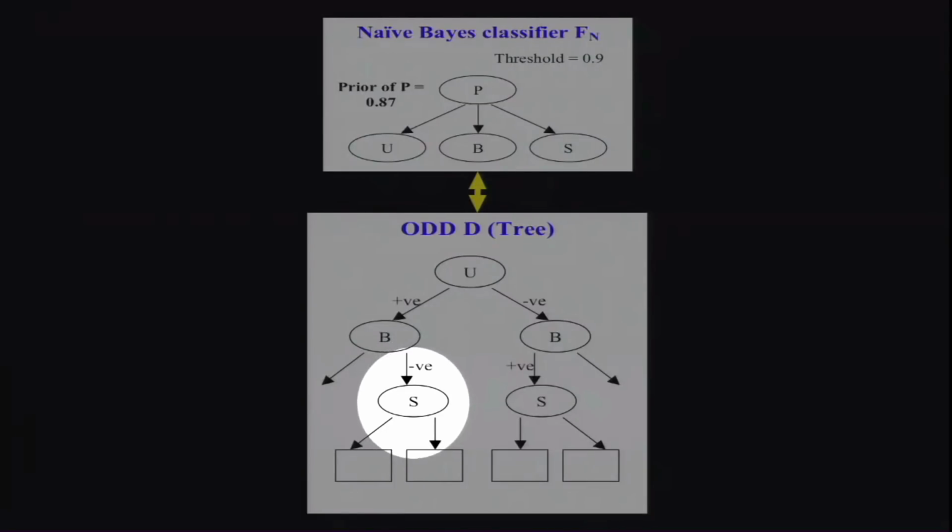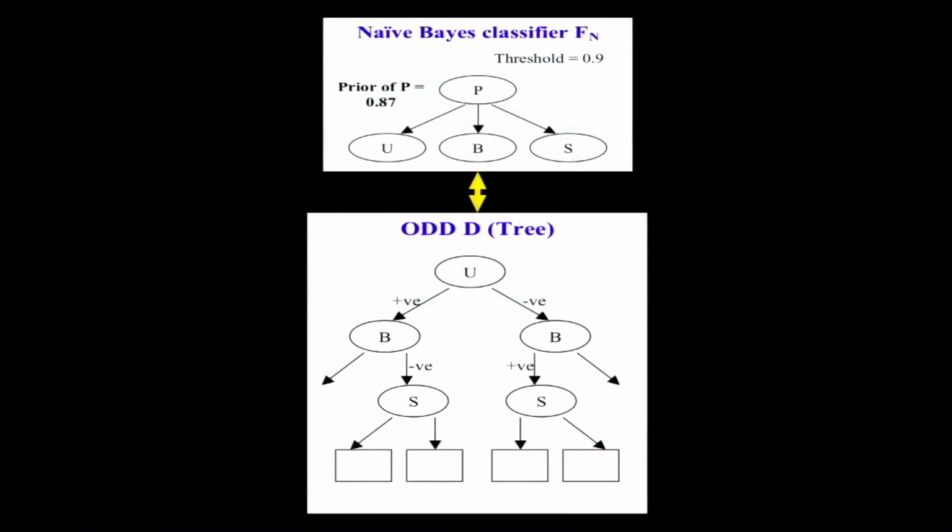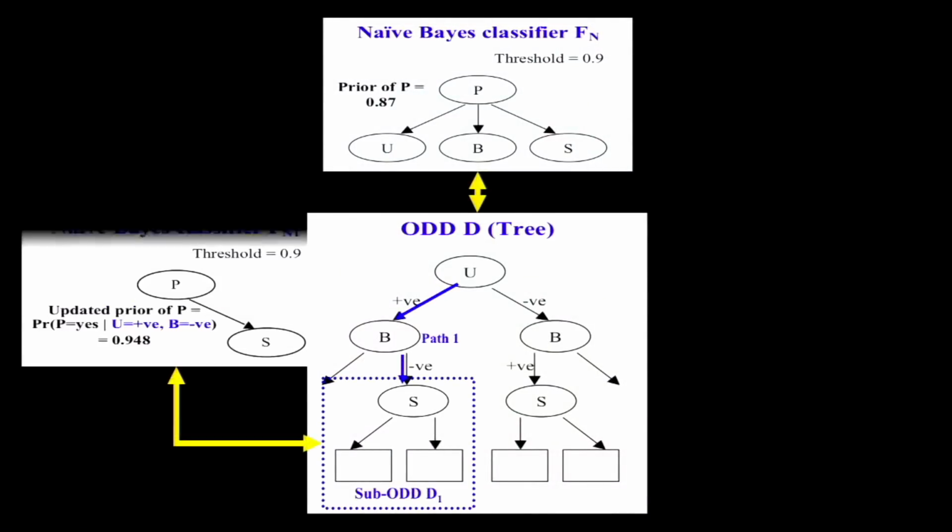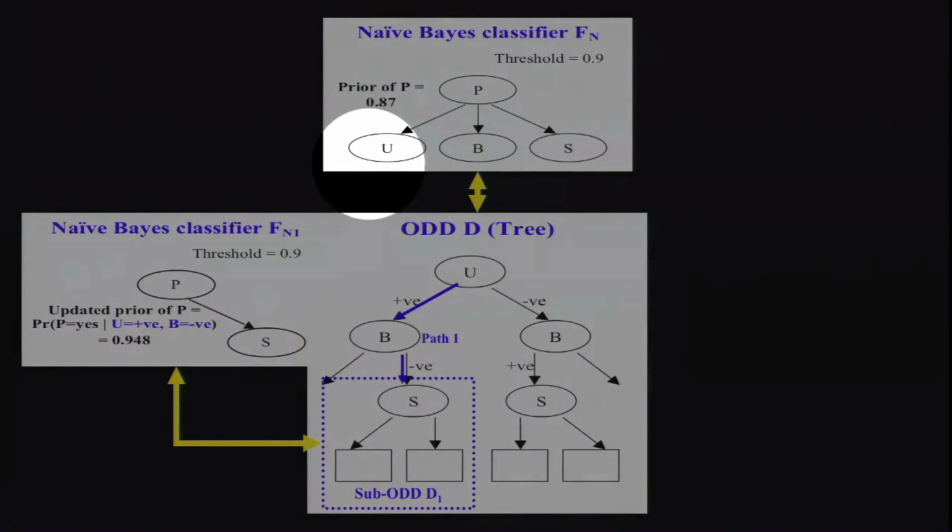What happened so far? Up until this point, I fixed the value of U and V, correct? Visualize this on the naive Bayes classifier side. What I've done really is I fixed the value of this guy and I fixed the value of that guy, correct? And then I computed the posterior over this, correct?